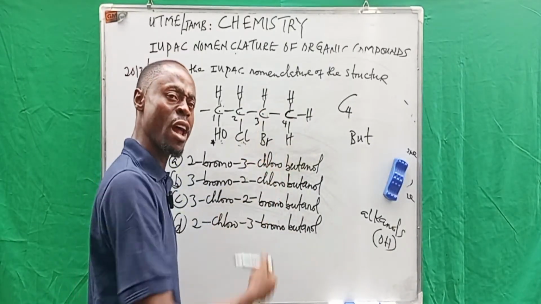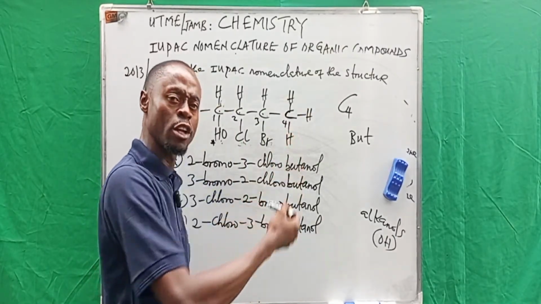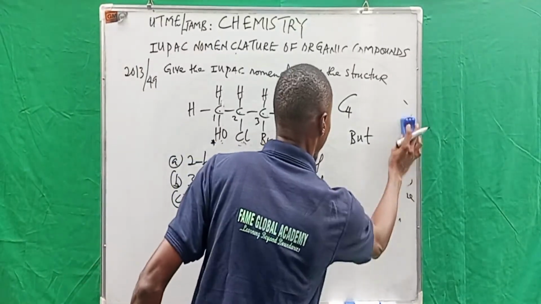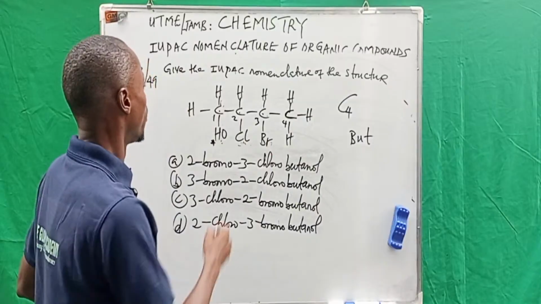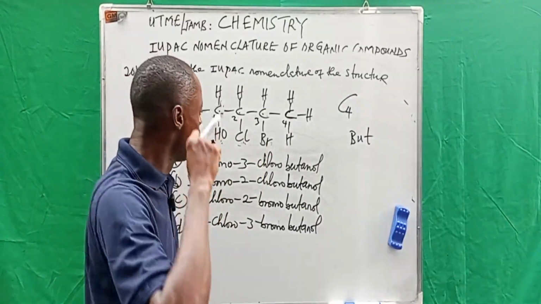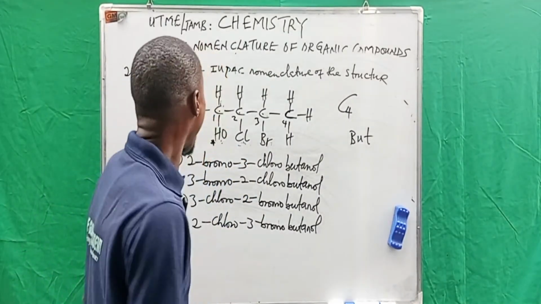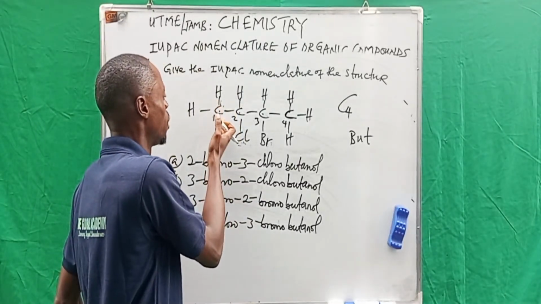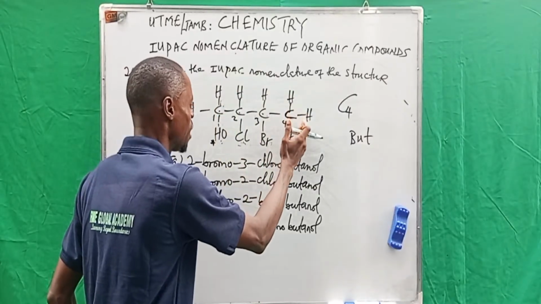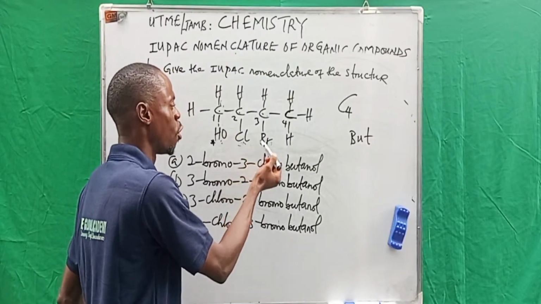Chlorine, when it's present in an organic compound, we call it chloro, while bromine, when it's present in an organic structure or compound, we call it bromo. Are you following me? Let's name accordingly now. I just said, if you have a mixed substituent or a mixed branch, you must name alphabetically.